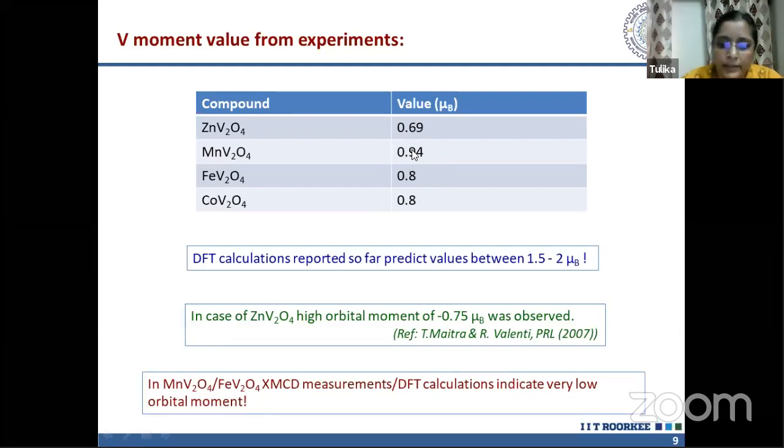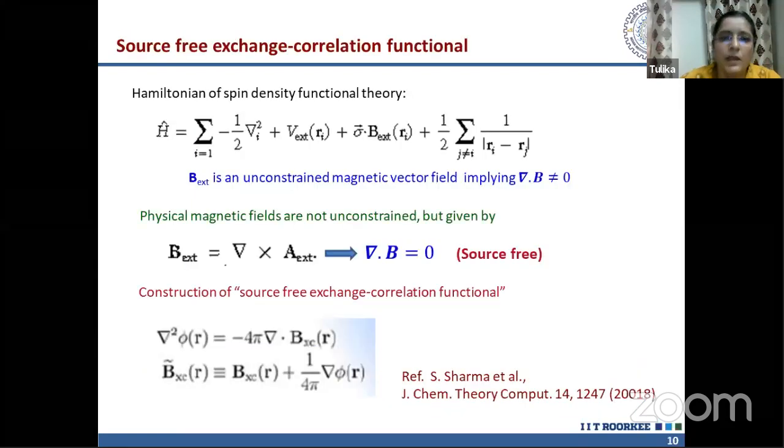So to address this low vanadium moment and the non-collinear magnetic order, we performed some calculations with a recently developed exchange correlation functional, which is known as the source-free exchange correlation functional.